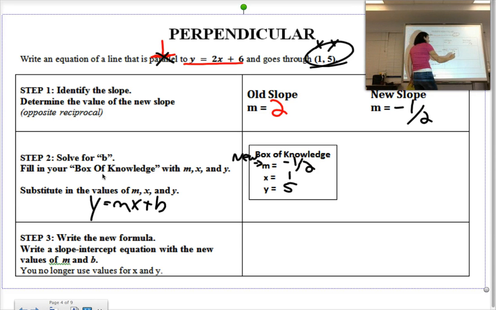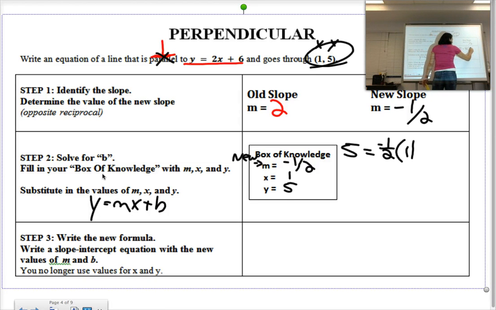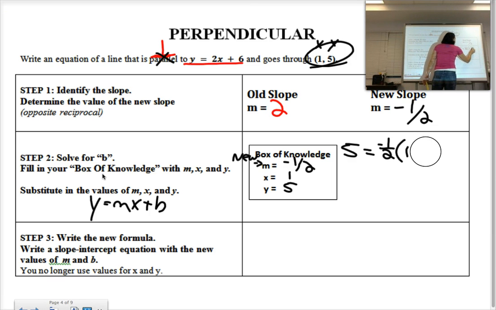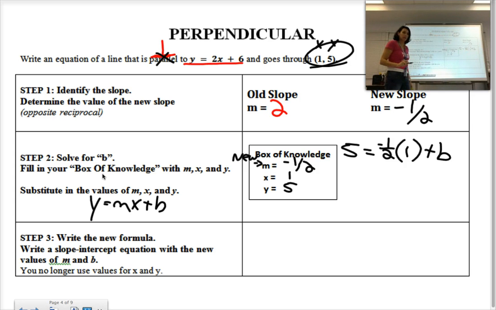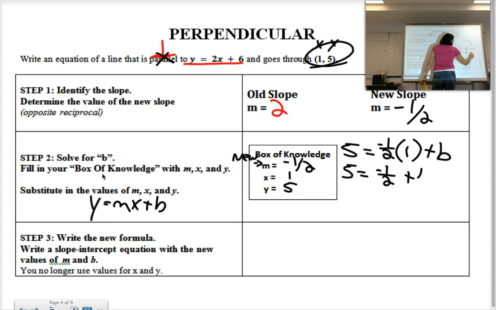5 equals m, which is -1/2, times 1 plus b. Again, b is what we're solving for, so that's our variable. Now, we need to simplify, so we've got 5 equals -1/2 times 1 is -1/2 plus b.